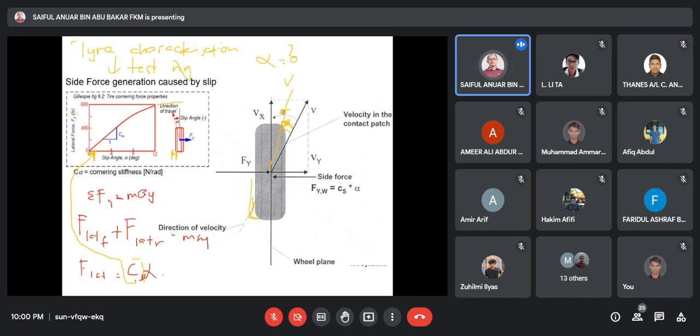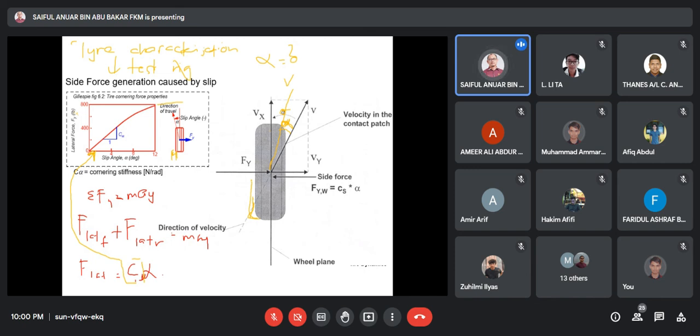Okay, in Malaysia, for tire manufacturers like Toyo Tires, Bridgestone, they do have the manufacturing plant in Malaysia, but they don't have this kind of machine, because the one that they have in Malaysia is just for the tire quality check. Okay, not for the characterization which is involved in the tire R&D.